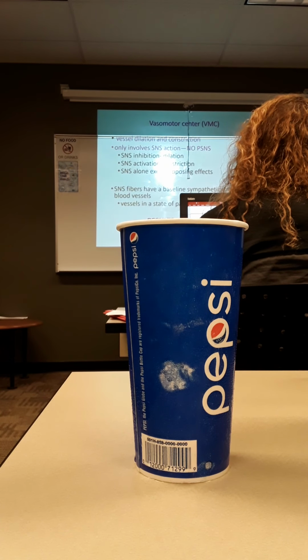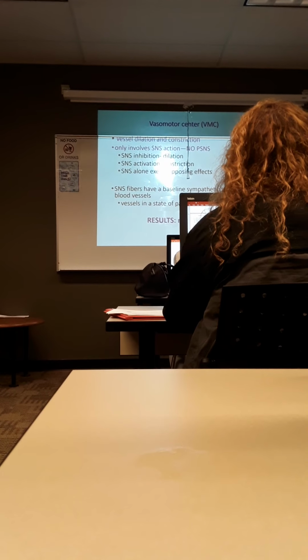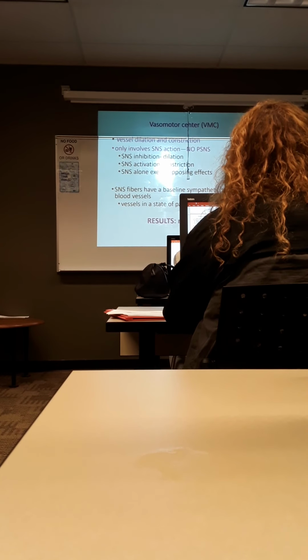You do vasoconstriction, and let's say it goes down to 5 millimeters. Okay? And then you vasodilate, and it's going to go wide to 20 millimeters. Okay? So the constriction means that the smooth muscle has contracted, making that vessel more narrow.